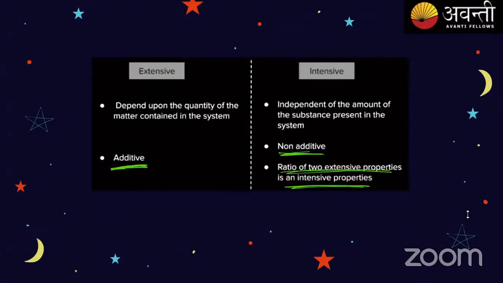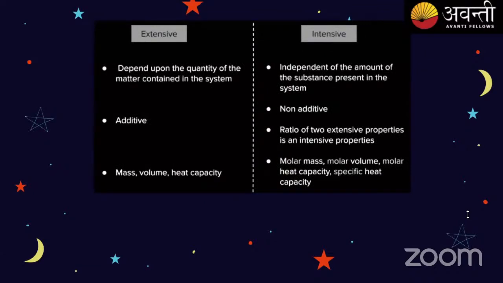What are examples of intensive properties? Molar mass, molar volume, molar heat capacity, specific heat capacity. Specific heat capacity is how much heat is required to increase the temperature of a particular substance by 1 degree centigrade. Okay.